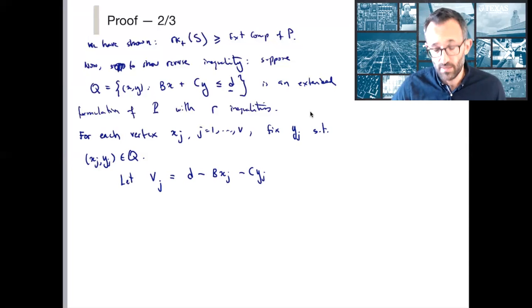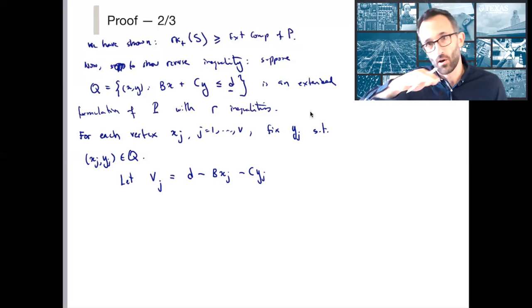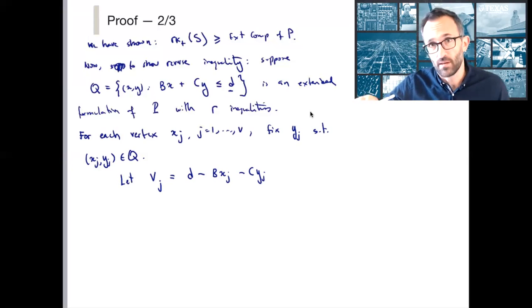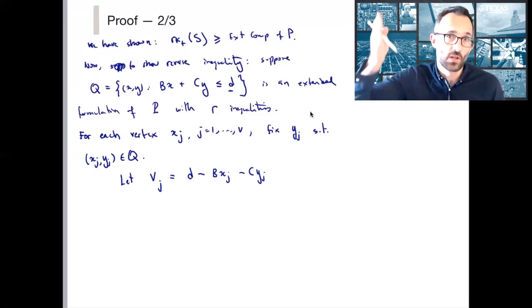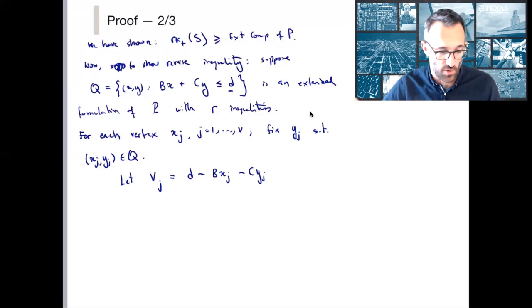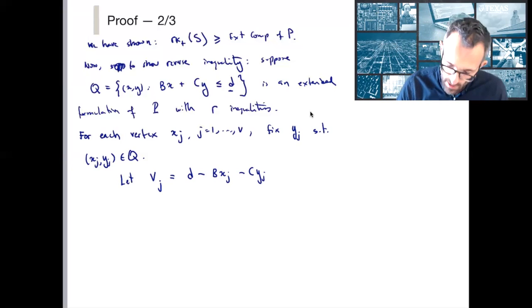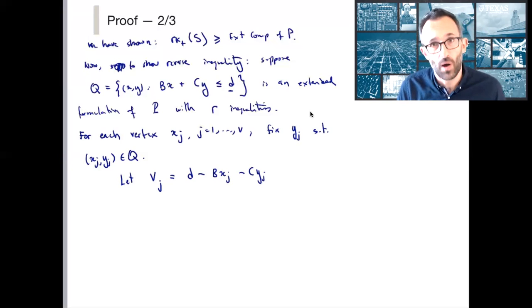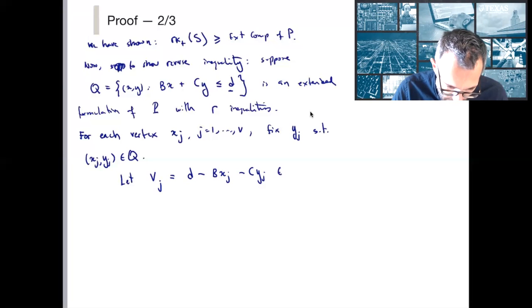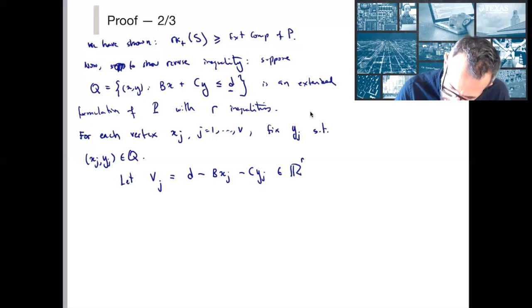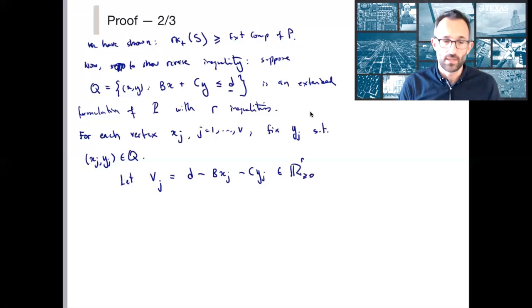Vj is going to be the jth row of the matrix V, in other words, the jth column of the matrix V transpose. And also, just by virtue of the fact that xj, yj belong to Q, we know that this is component-wise non-negative. So Vj is component-wise non-negative.